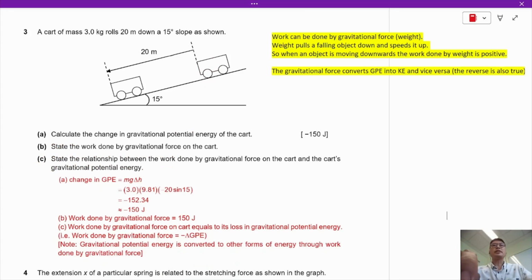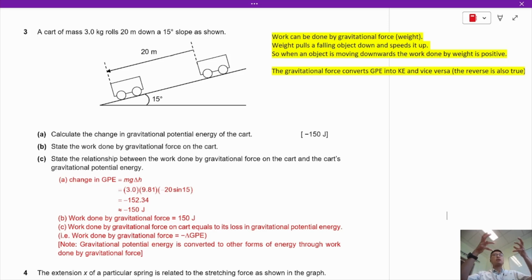In question 3, the main concept is that work can also be done by the gravitational force. When an object falls down, it falls down because the weight is pulling it down. So the weight speeds up the object. That means to say, when an object is moving downwards, weight actually does positive work on the object. Now what happens when weight does work on the object?